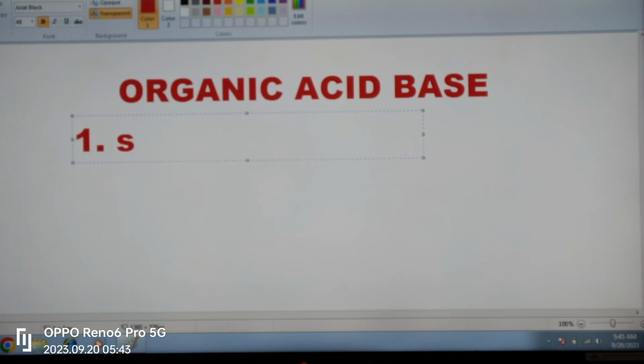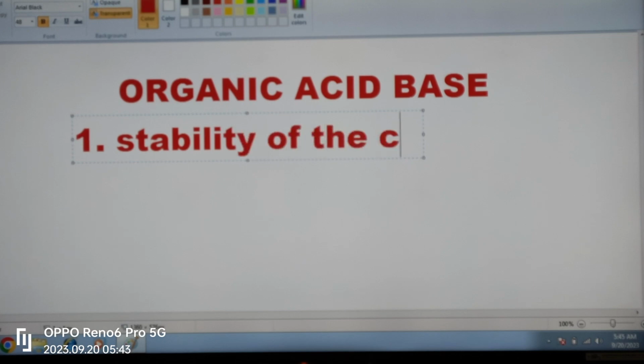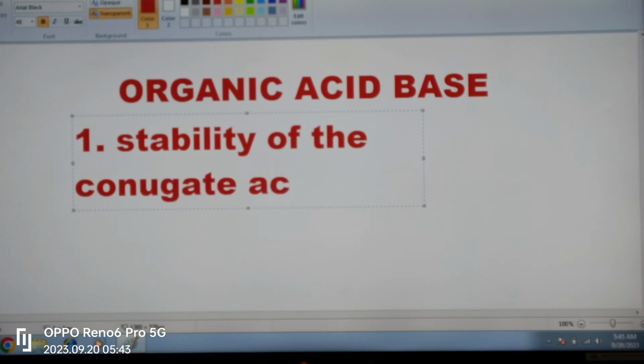stability of the conjugate acids or base.